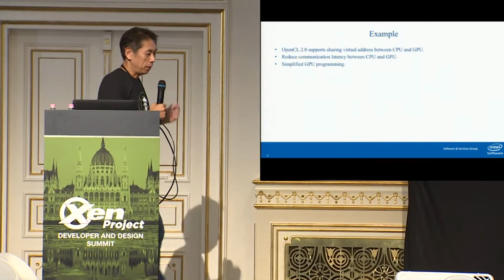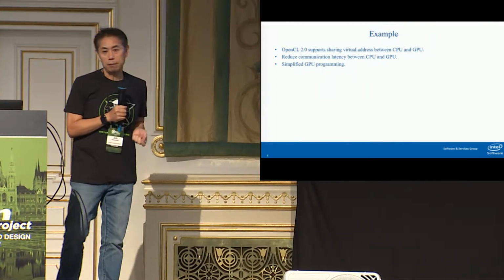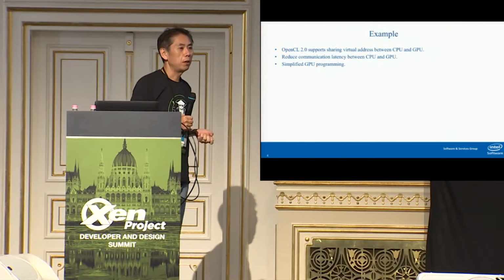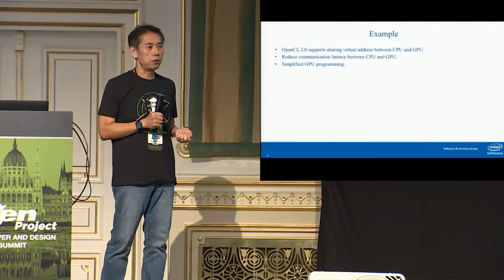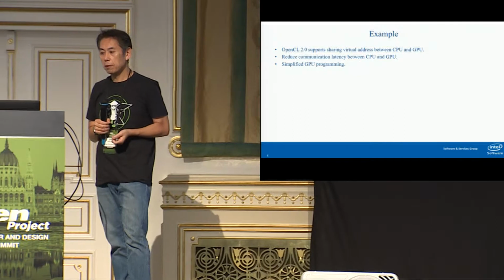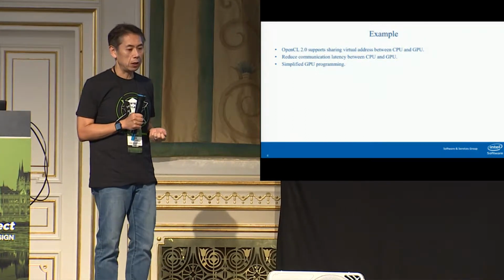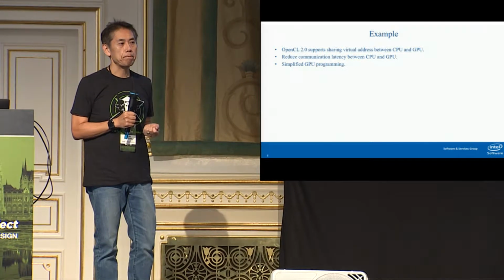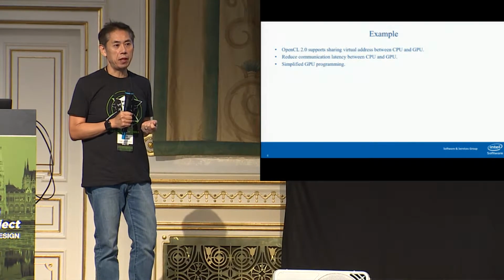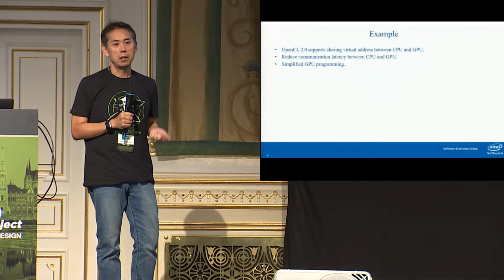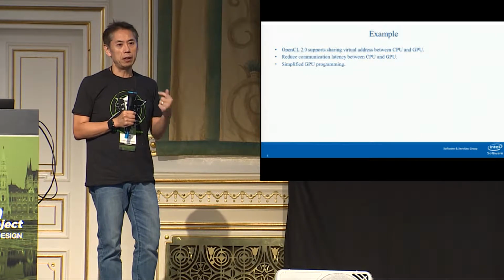Before that, there are some examples. For example, OpenCL 2.0 supports a virtual address shared by the CPU and the GPU. With that kind of hardware feature, we're going to see much less latency, because you don't need to tell the GPU that the data is ready.